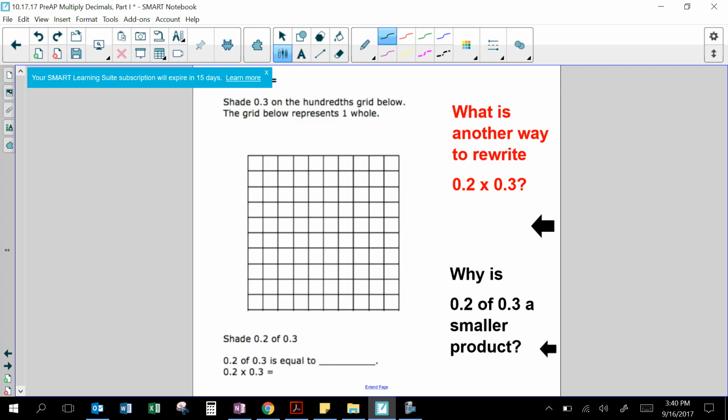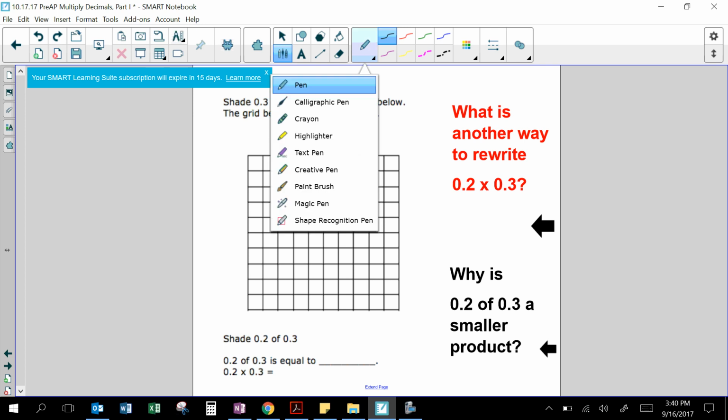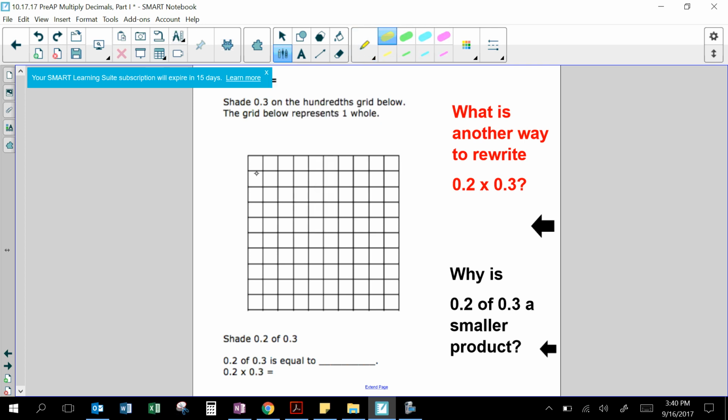Shade 3 tenths on the hundreds grid below. The grid below represents 1 whole. So what would shade 2 tenths of 3 tenths? So we need to shade 2 tenths of this. 2 tenths of 3 tenths is equal to what?